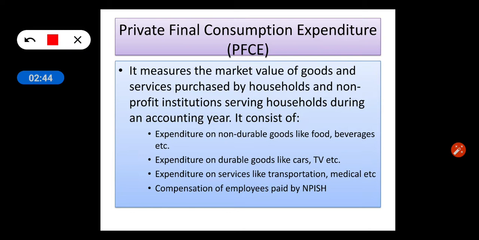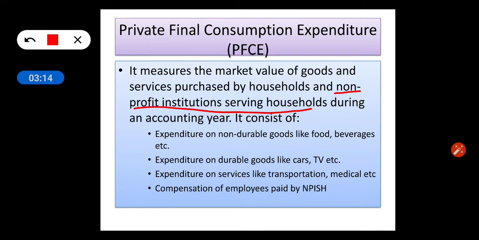This is an expenditure by households and non-profit institutions serving households on the purchase of goods and services during an accounting year. Okay, so what is a non-profit institution serving households? It is a non-profit institution which is not financed and controlled by government and which provides goods and services to households for free or at low price.